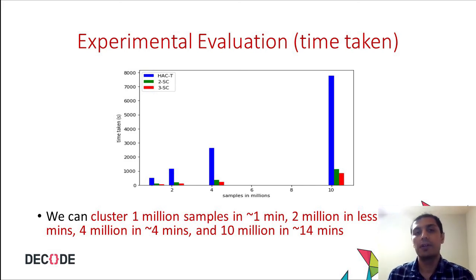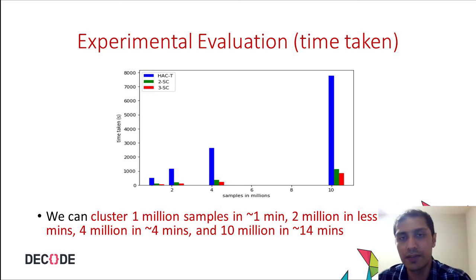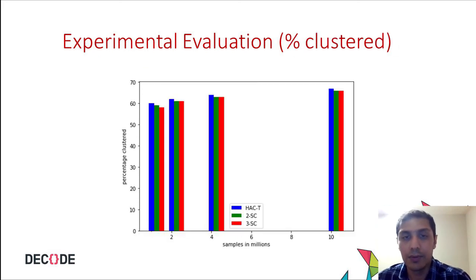One other important criterion for evaluating cluster usefulness is the number of items actually clustered. As you can see here, both 2-stage and 3-stage clustering produce clusterings where a similar number of items are actually clustered.